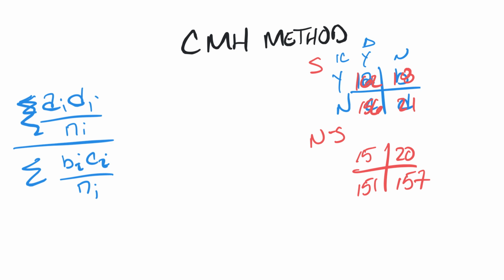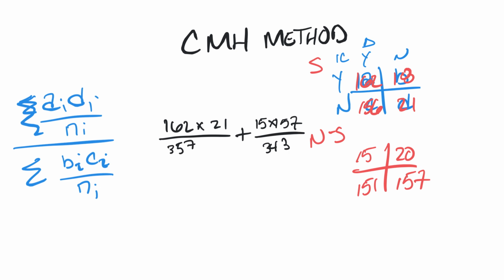So 162 times 21 over 357, which is the number of people in the summer, plus 15 times 157 over 343.